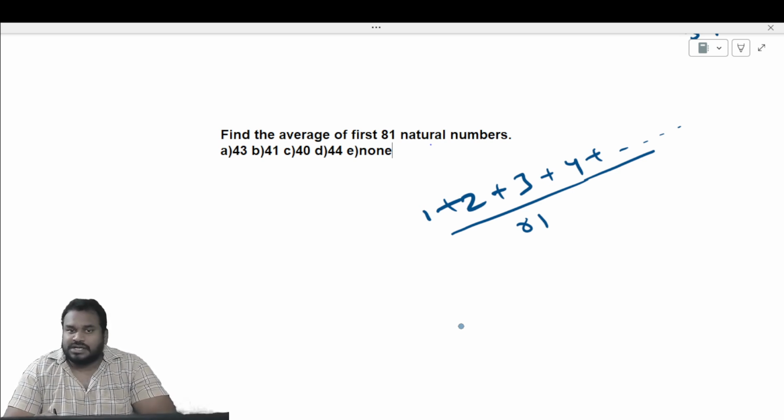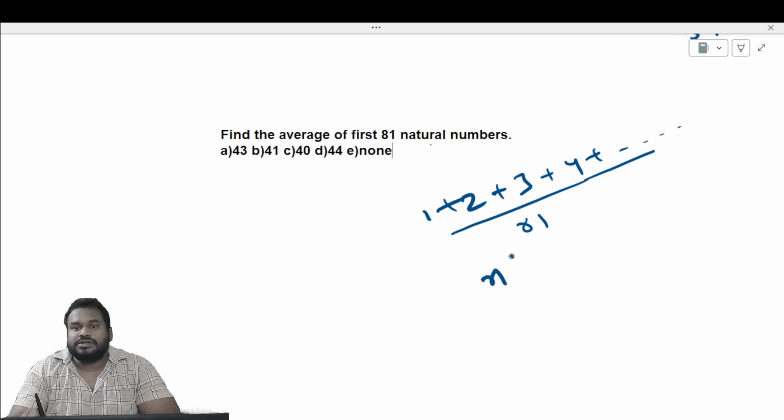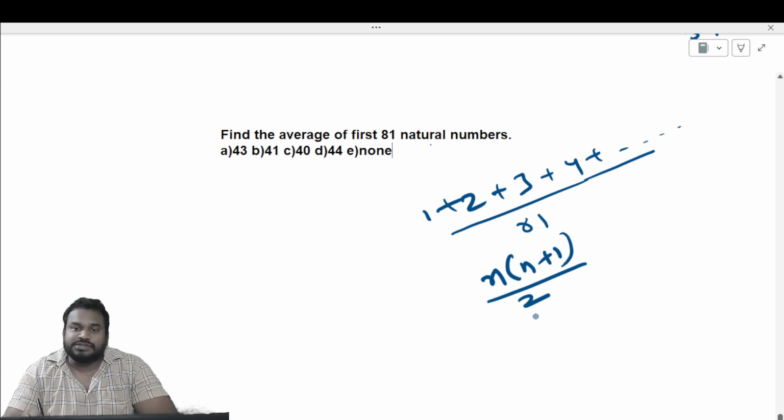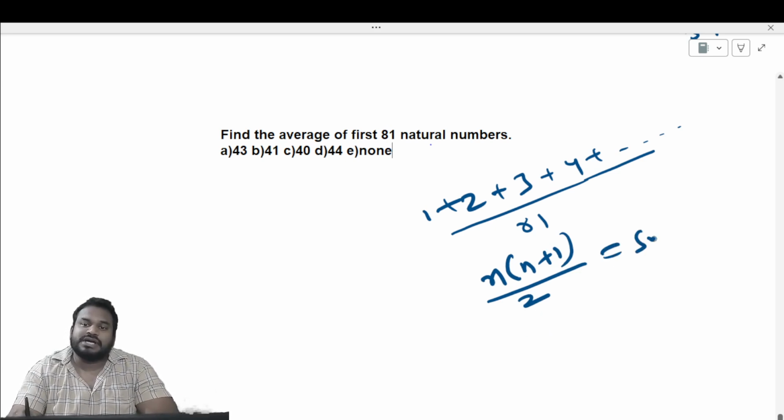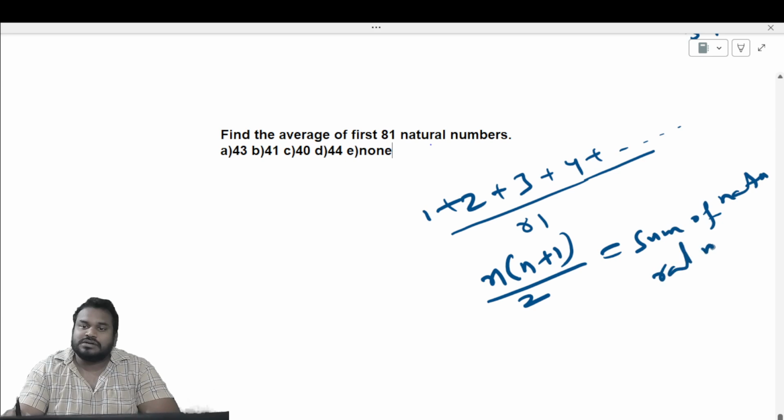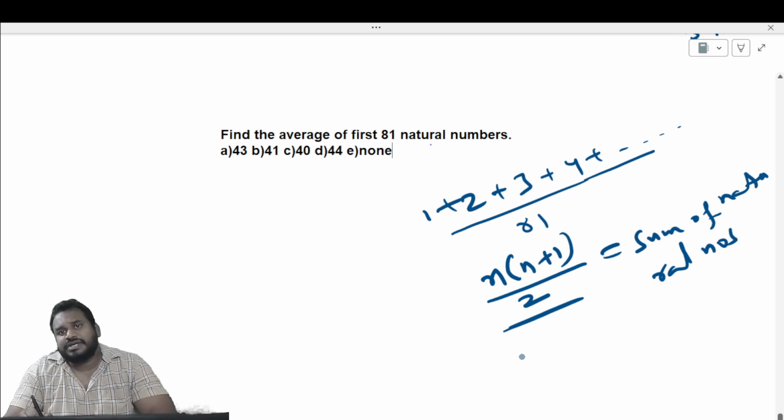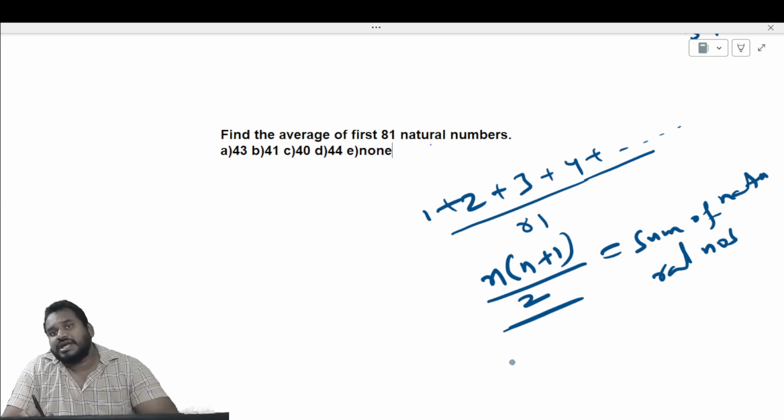What is the formula to find the sum of n natural numbers? n into n plus 1 by 2 is the sum of natural numbers. Once you find the sum, if you divide it by the total number of numbers, you will get the average for those n natural numbers.